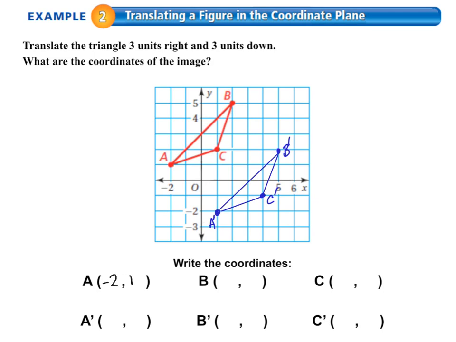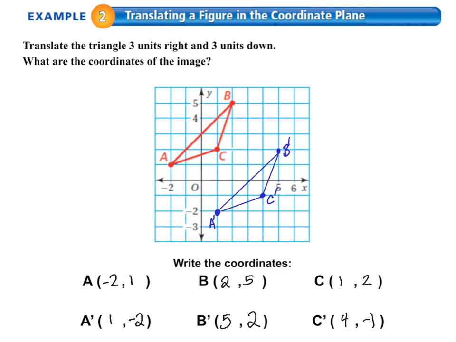A prime is at 1 on the x, -2 on the y. B was at 2, 5. B prime is at 5, 2. C at 1, 2. C prime is at 4, -1.